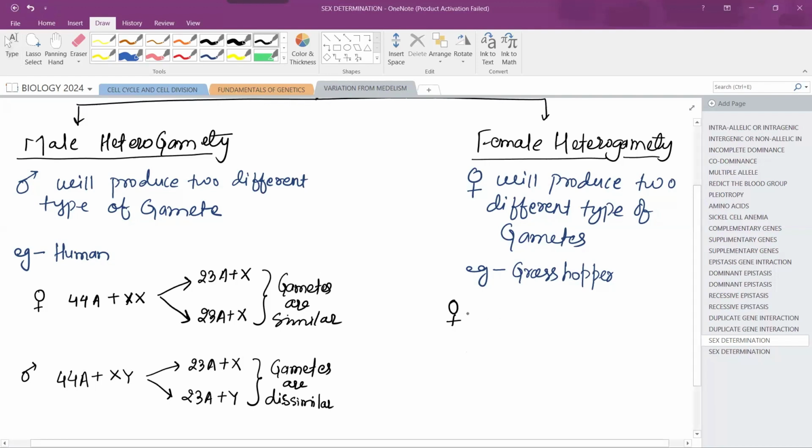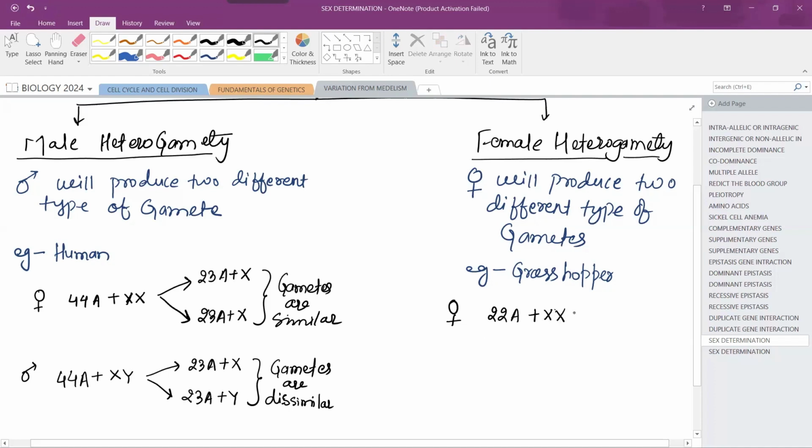Okay, so total chromosome is 2n = 24, that is 22 autosome plus XX.